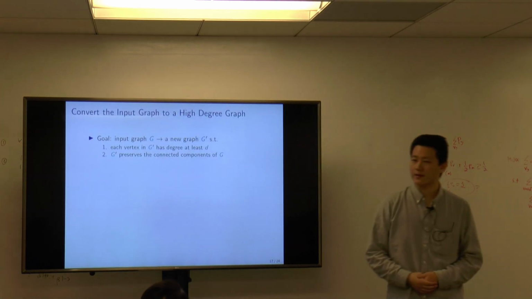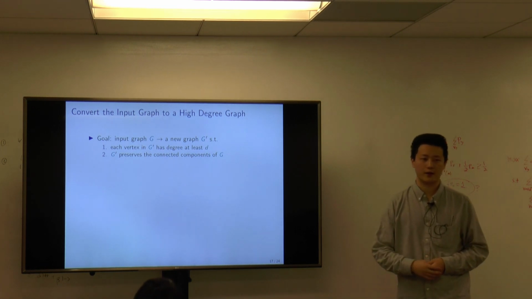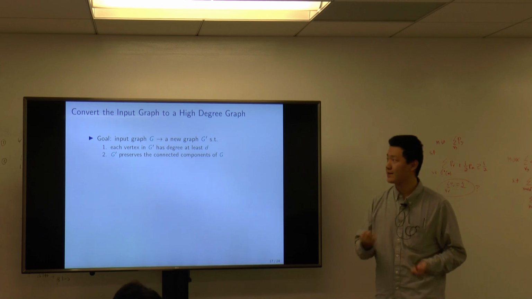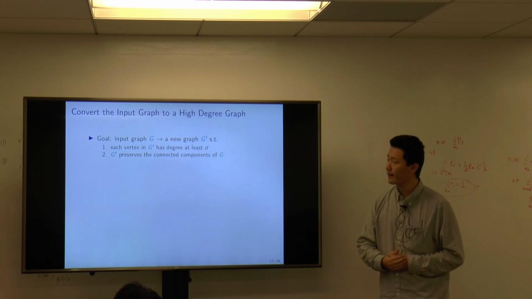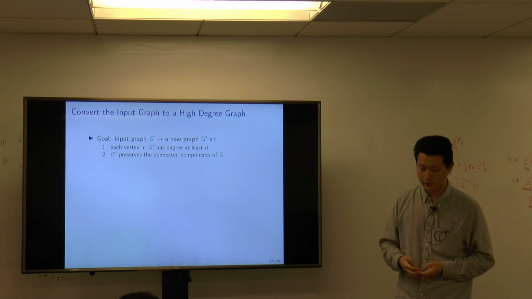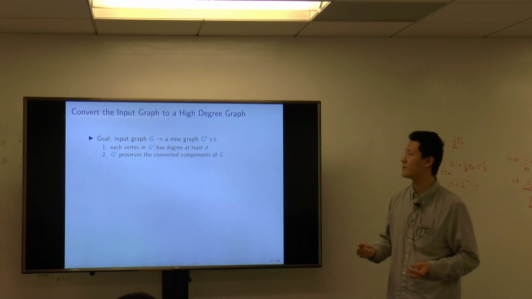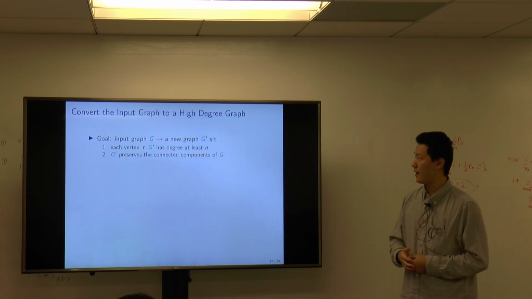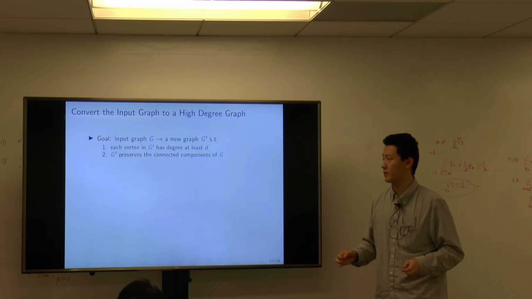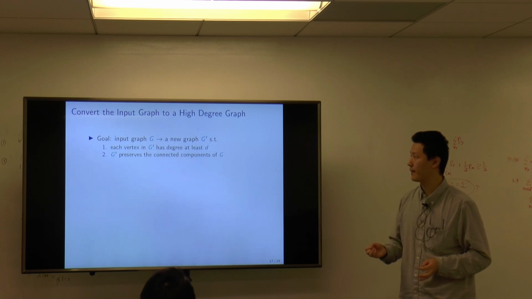Now the remaining problem is how to convert a general graph to a high degree graph. So our goal is, for input graph G, we want to output a graph G prime such that G prime has uniformly large degree, so each vertex has degree at least d.